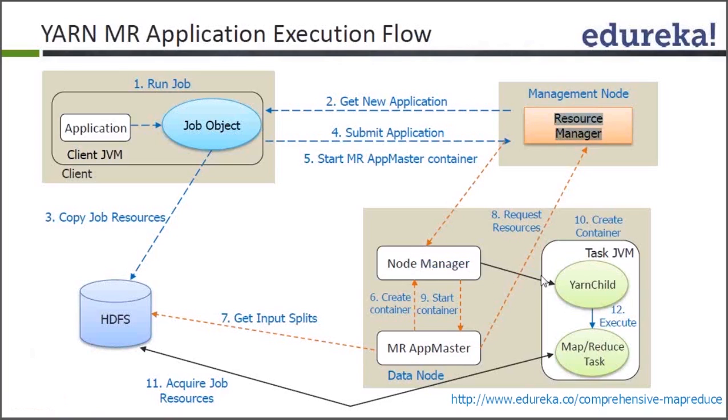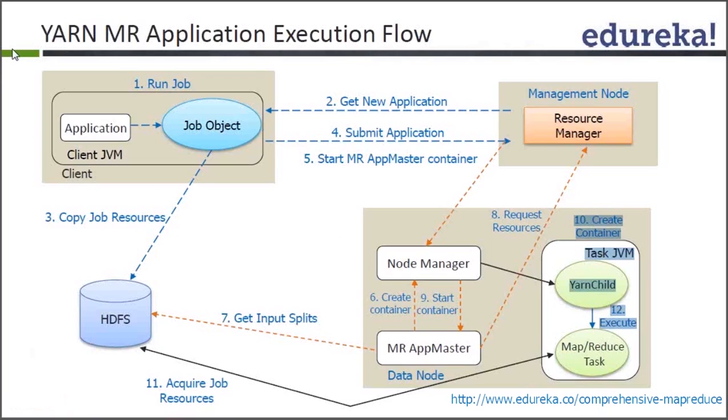The node manager on different machines will start the map and the reduce task. That is step number 10. Each task will talk to HDFS to get the job resources, step number 11, and finally the map and the reduce get executed. So remember, the application master is one container, a separate JVM, and the map and the reduce are another JVM.